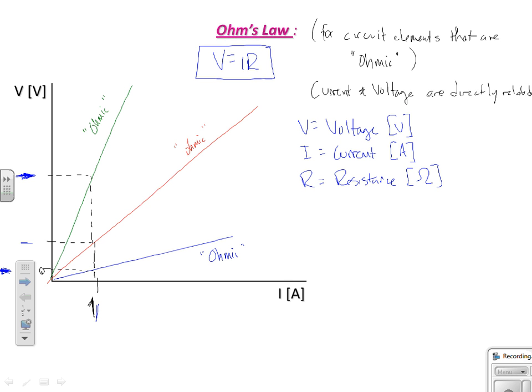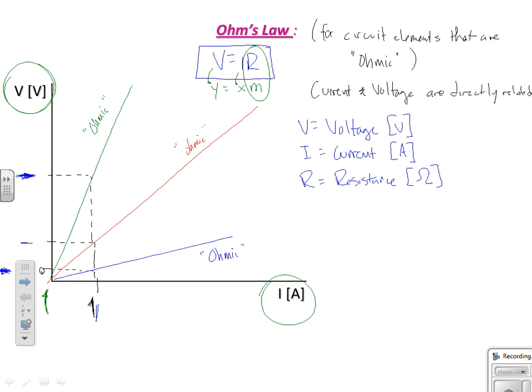All right? And the big deal that hopefully we can see from this is if we're careful to plot voltage on a y-axis and current on an x-axis, this looks a lot like y equals mx. You know that formula for a straight line, y equals mx plus b? But if the y-intercept is 0, then that b is just 0. So voltage is on the y, current's on the x, and that says that resistance is the slope.